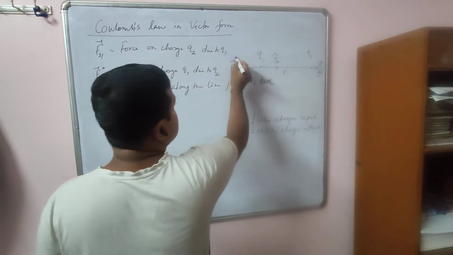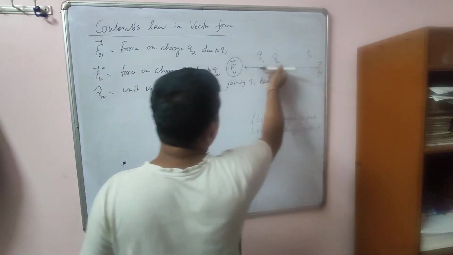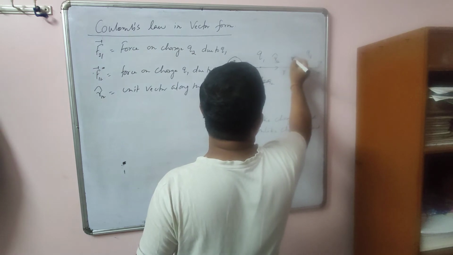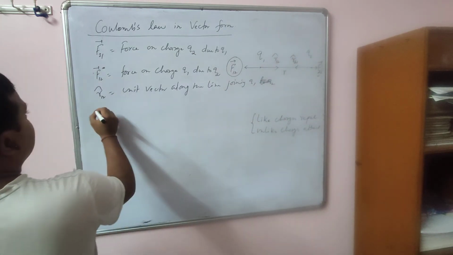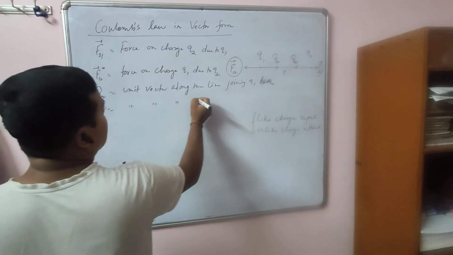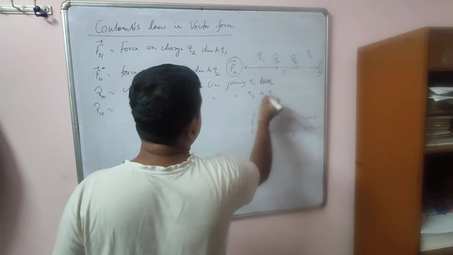Then F12 is along the line from Q2 to Q1, so we use another unit vector, R21, the unit vector along the line joining Q2 to Q1.